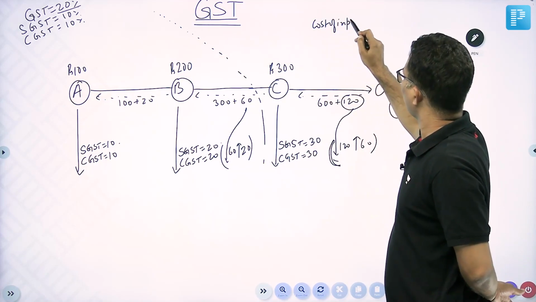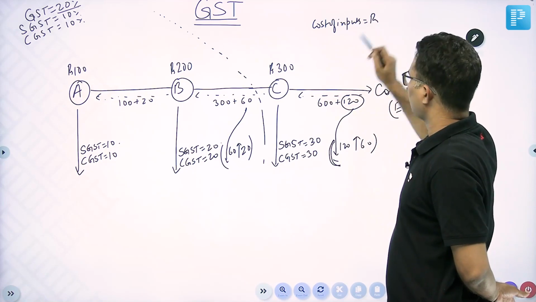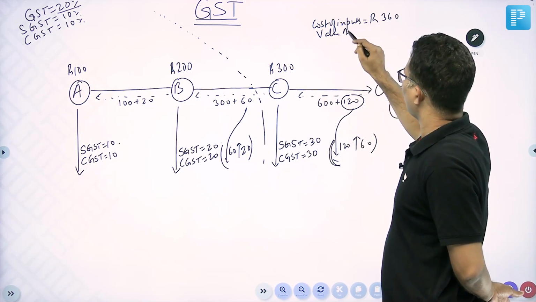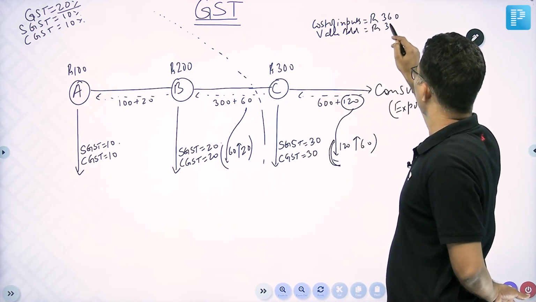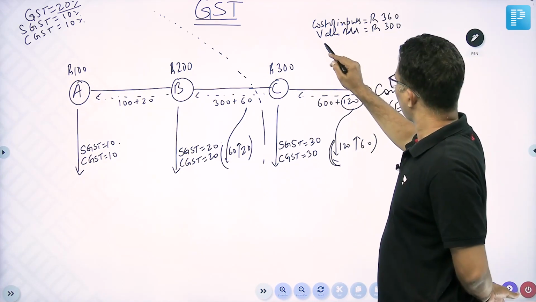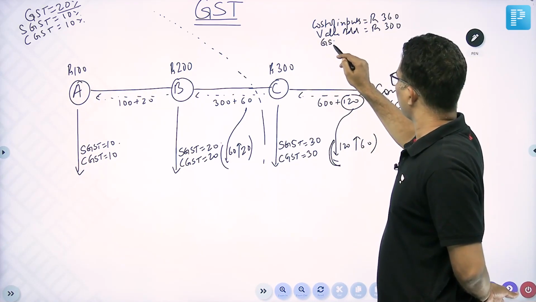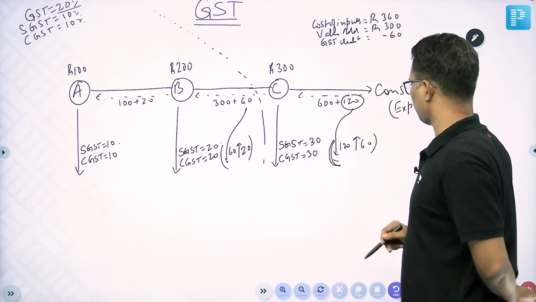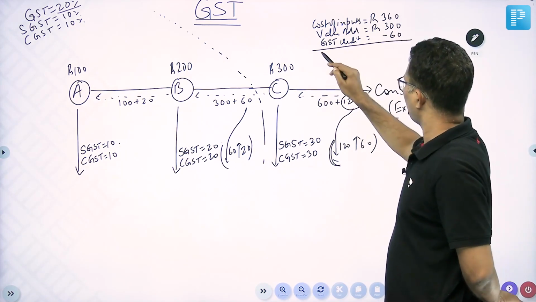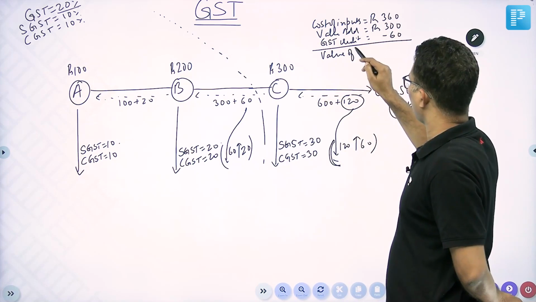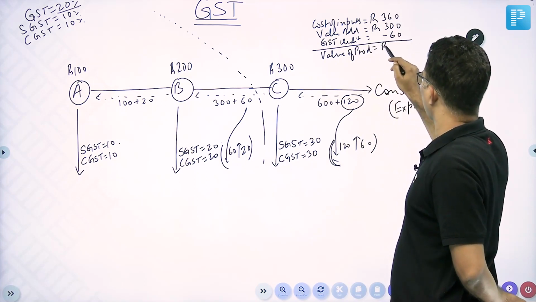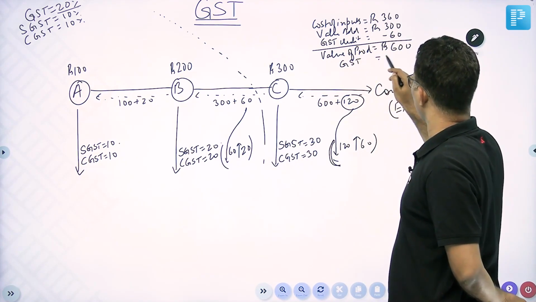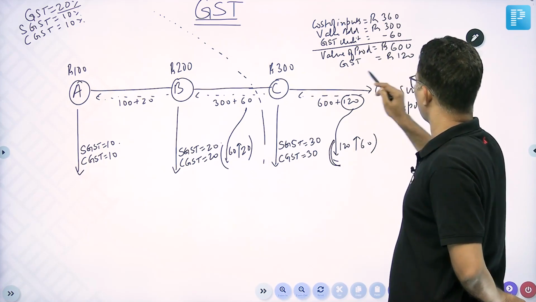cost of inputs rupees 360, value addition rupees 300, GST credit minus 60, value of product, 20%, right?